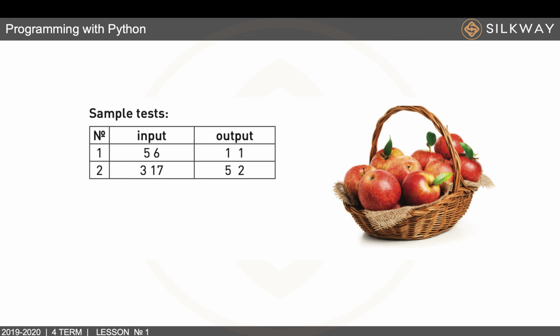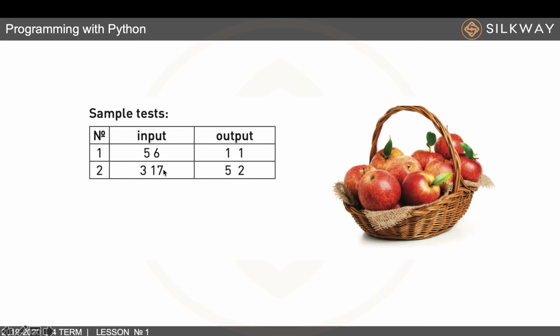Here is an example. We have 5 students and 6 apples. What does it mean? Every student will get 1 apple, and in the basket only 1 apple will be left. Now, the second example, we have 3 students and 17 apples. So every student will get 5 apples.